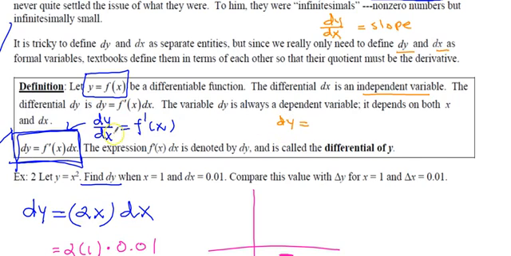If we multiply both sides by dx, we can say dy is f prime of x times dx. We are going to use this in the next unit where we have to do antiderivative to come back. So for now, just remember that dy dx is the same as f prime of x, and if we have to separate that, you can multiply both sides by dx, and this is also the same as change in y is the slope times change in x.